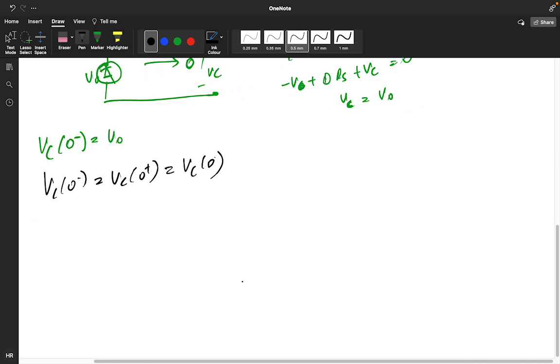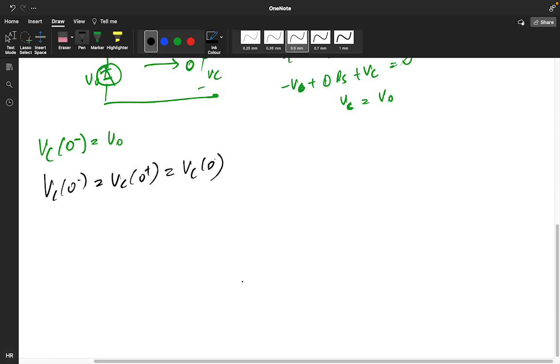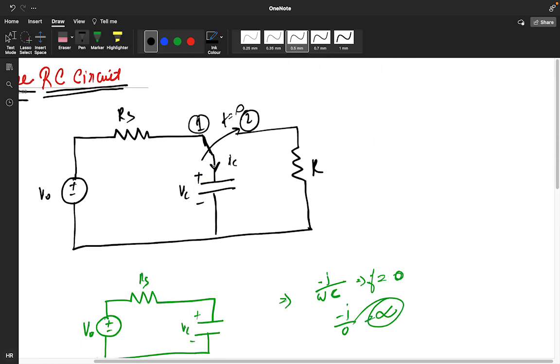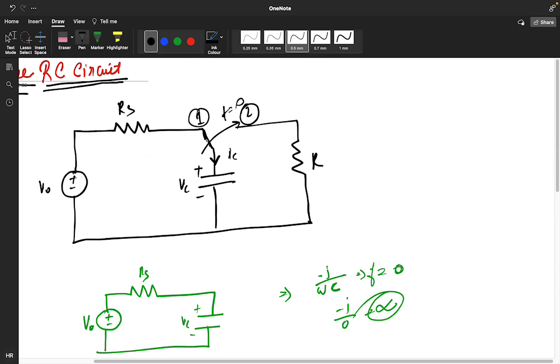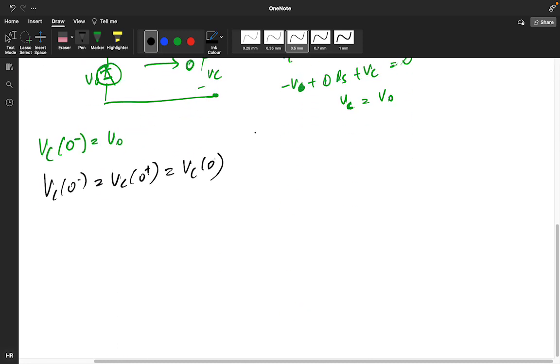Now at time 0, when we move the switch from this position to this position, my circuit will look like this. Some resistor will come. Yes, that resistor will come. So the circuit will look like this, right?